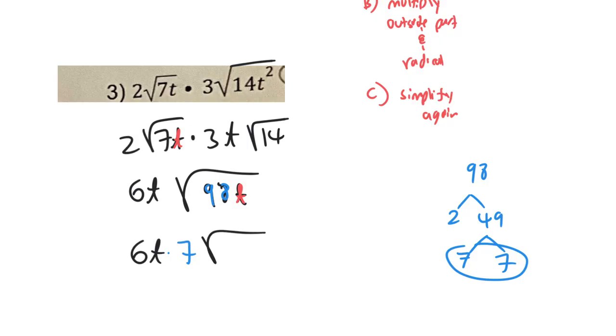And then who's left on the inside? This poor green 2 along with the red t. Now at that point, you could complete this step really, because we could simplify the outside now. Hopefully my student watching recognizes that that's just 42t. And then you have that radical 2t there.